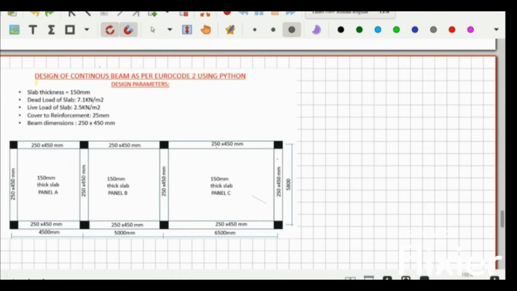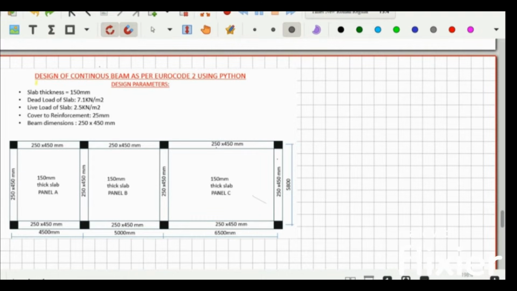As seen on the screen, we have a continuous slab with three panels, that is panel A, B, and C, bounded by peripheral beams with dimensions 250 by 450, as well as internal beams with the same dimensions, that is 250 by 450 mm. Again, the slab thickness is 150 mm and the dead load of the slab is 7.1 kilonewton per square meter.